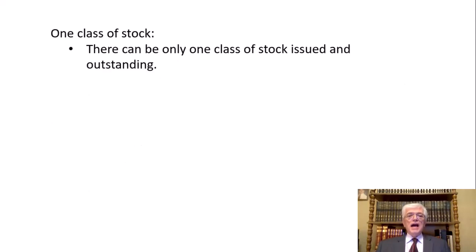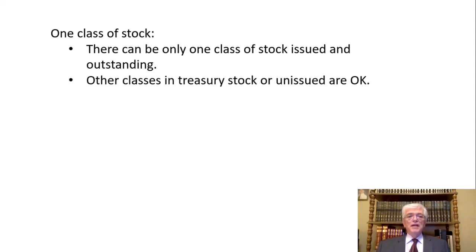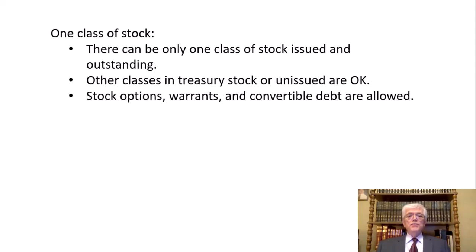One class of stock means only one class of stock issued and outstanding. You can have other classes that are unissued or only in treasury stock, as long as there are no outstanding shares. Stock options, warrants, and convertible debt are allowed.